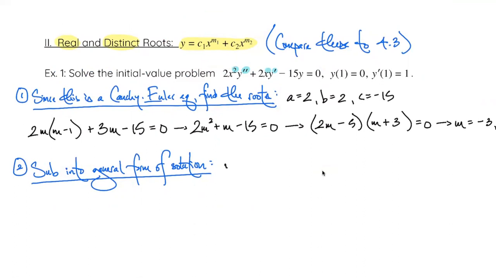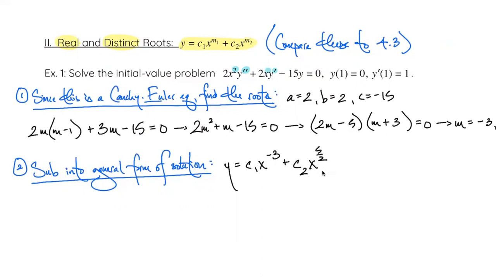So we get y equals c1 x to the negative 3 plus c2 x to the 5/2. Now it's slightly different from what we saw in section 4.3, so we really want to be careful that we are remembering to apply the correct thing.